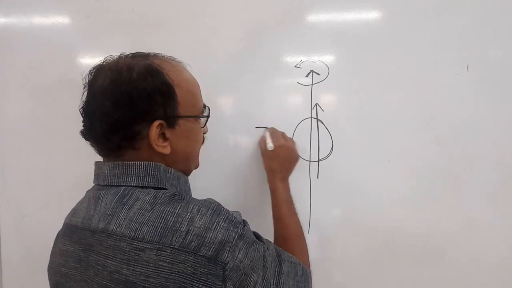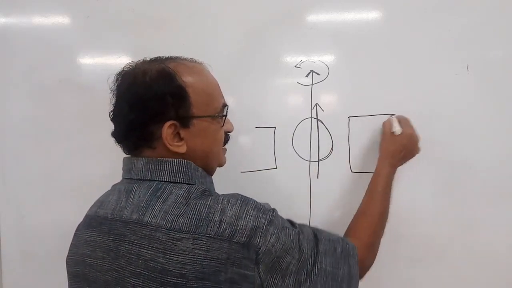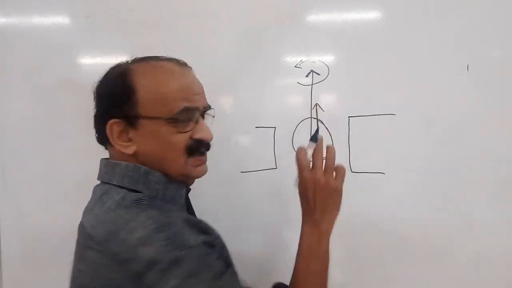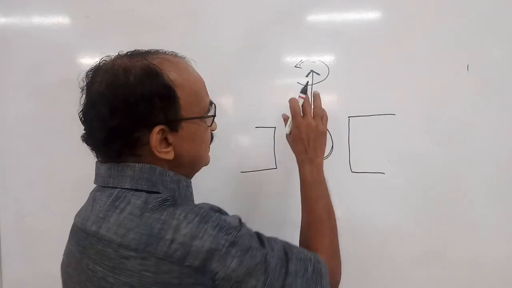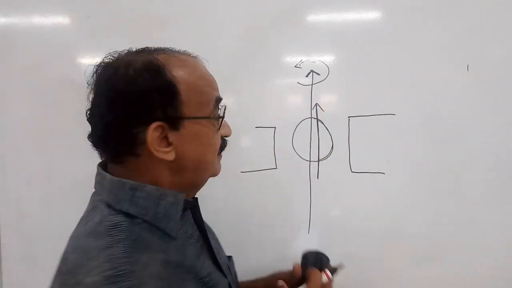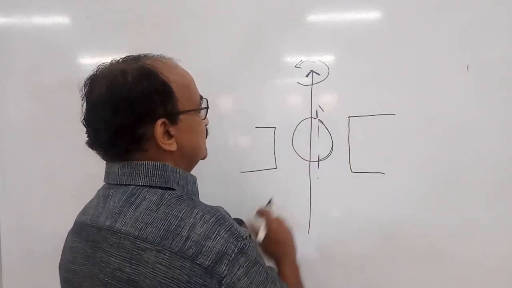So in the presence of an applied magnetic field, what will happen? The magnetic moment vector will align with the direction of the applied magnetic field, but the vector will be tilted. The vector will be tilted to 60 degrees.